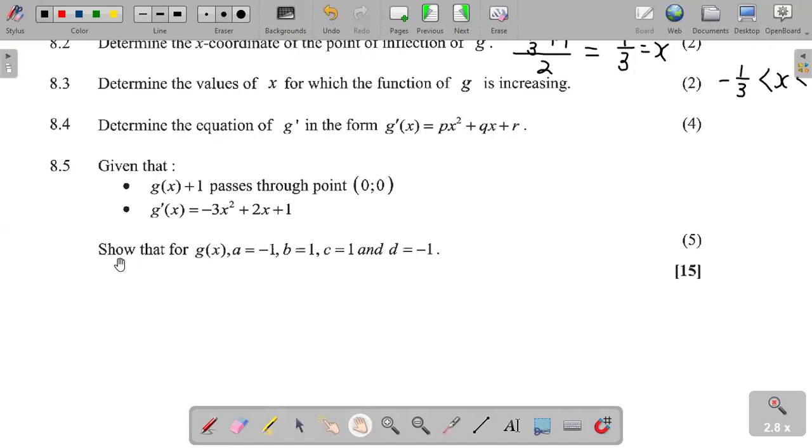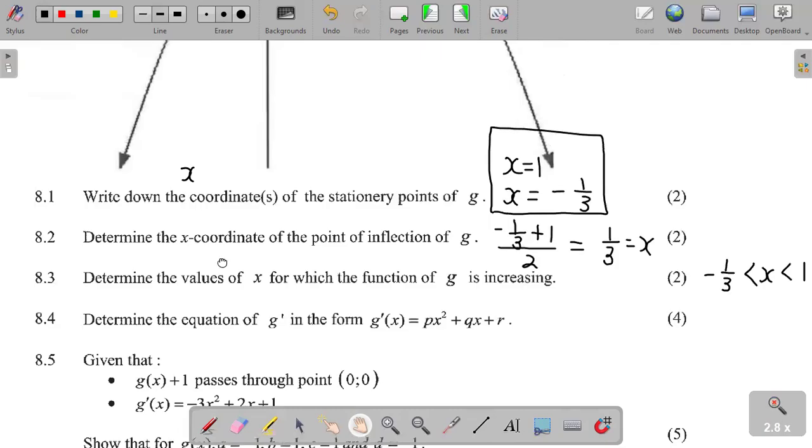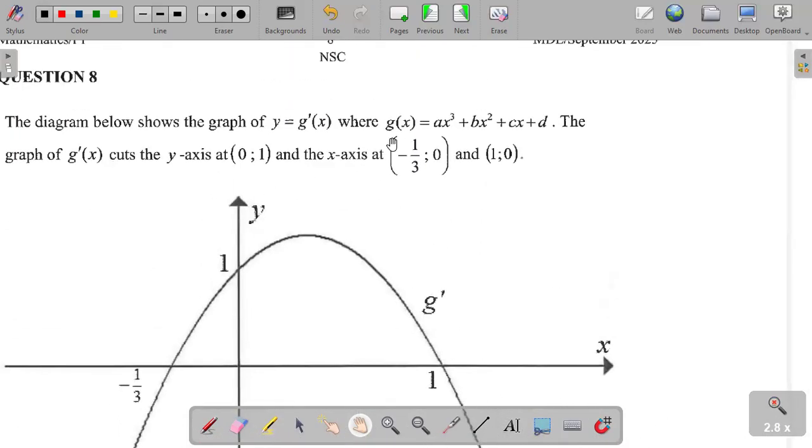Show that for g of x, a equals negative 1, b equals 1, c equals 1, and d equals negative 1. So those values that they gave us at the top, a, b, c, and d, from the opening equation, we must show that it is equal to all those values.